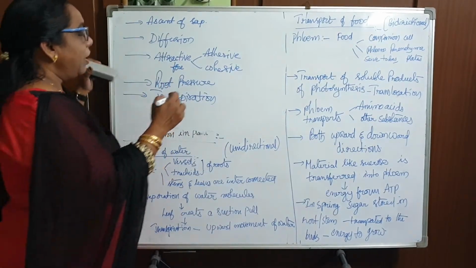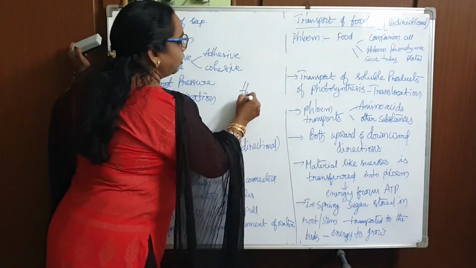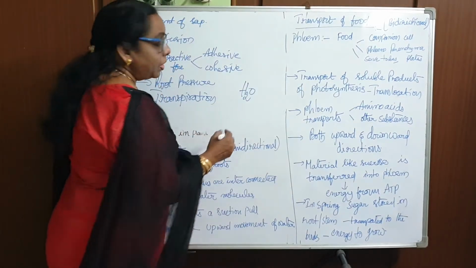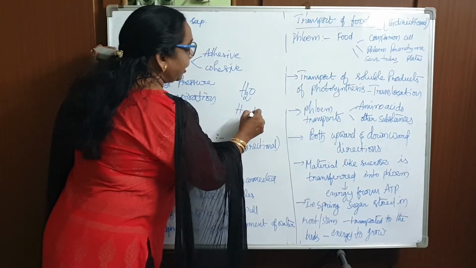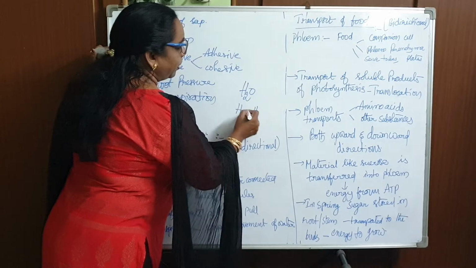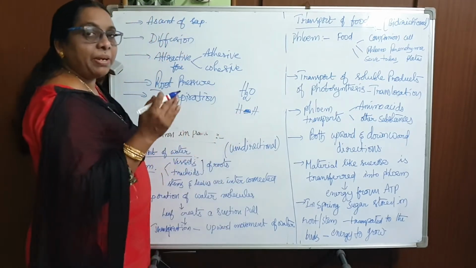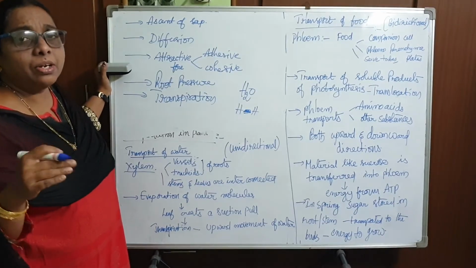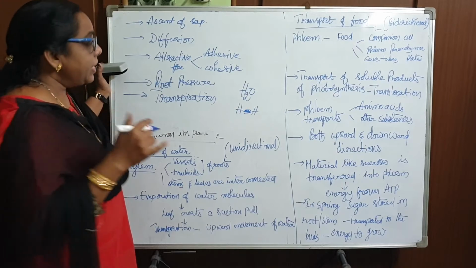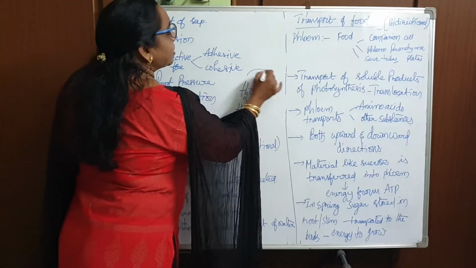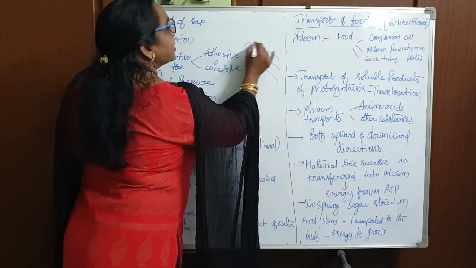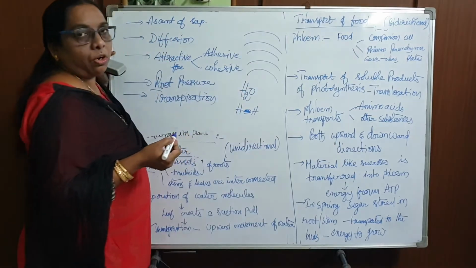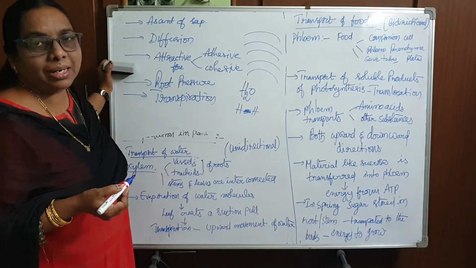If you see the water molecule, H2O, there is a strong hydrogen bond between two water molecules. So the water in the soil forms like a water column, or we can also say a water umbrella.